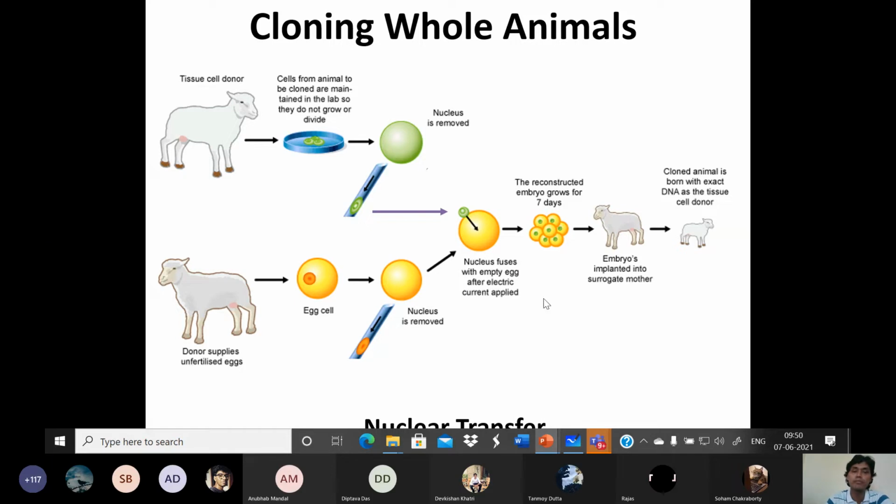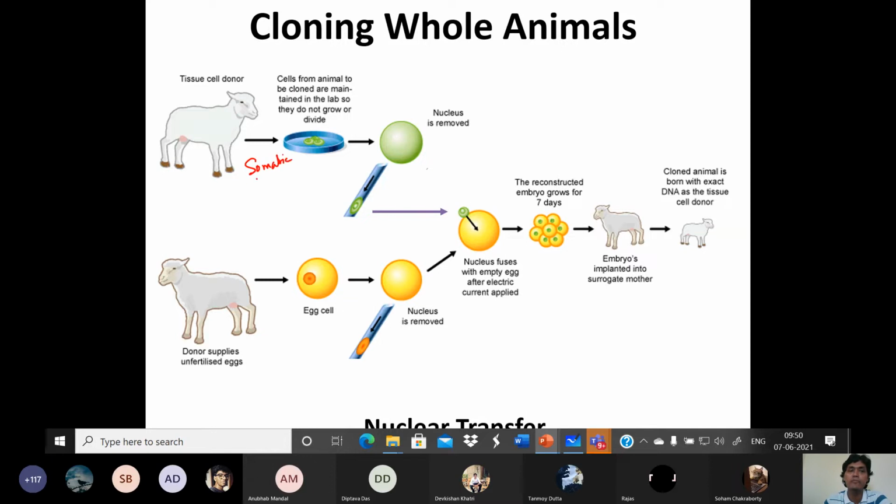I'm going step by step. Just go with me. Don't try to see everything, otherwise it will be a little bit of a problem for you. This is a cartoon or schematic diagram of a sheep. From this sheep, you can take just one cell. What kind of cell? We are taking a somatic cell.